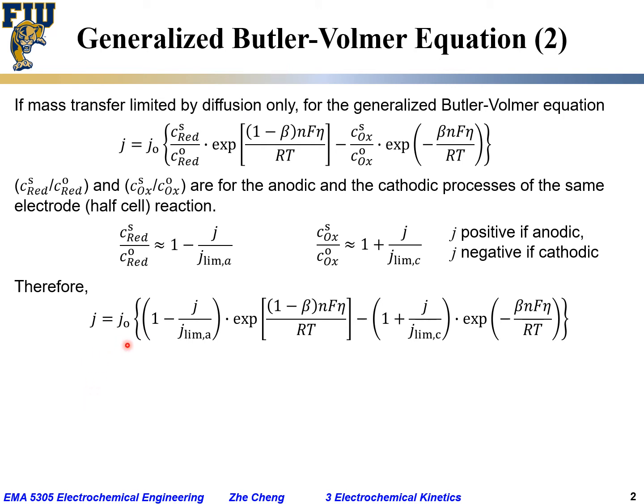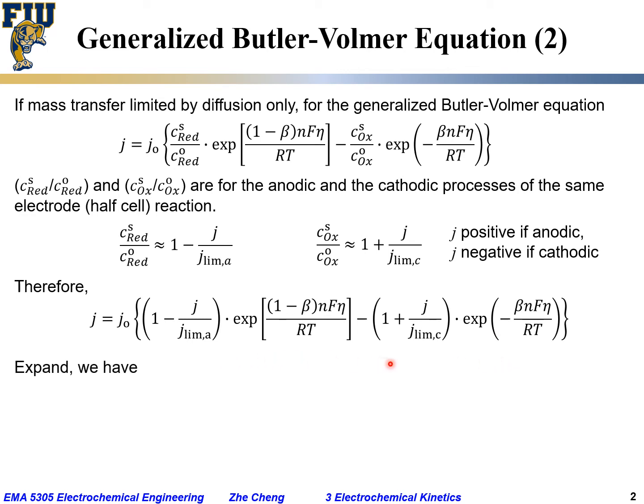J equals J0 braces, but the first ratio for the reduced species would be replaced by 1 minus the ratio between current to limiting current for the anodic process, times the exponential term, minus the surface to bulk concentration ratio for the oxidized species, which will be replaced by 1 plus J over J limit for cathodic. The plus again is because the current would be negative if it's cathodic. Okay, and of course don't forget the exponential term.